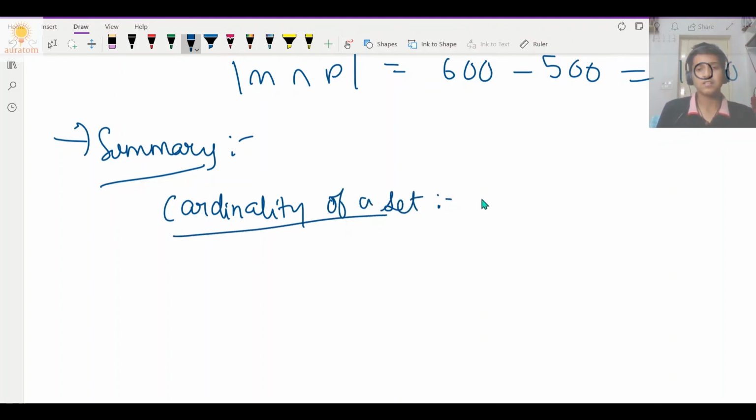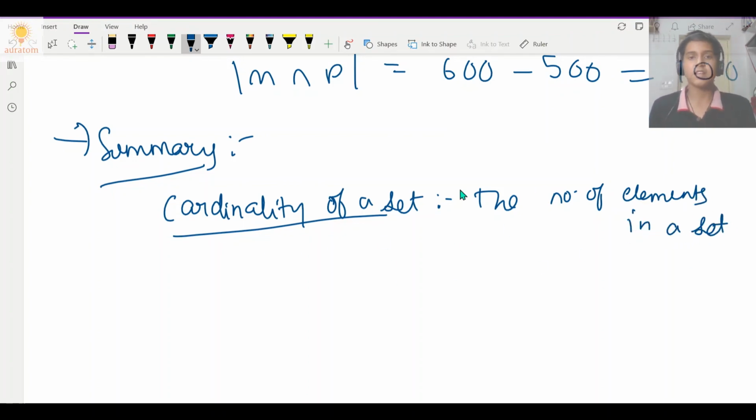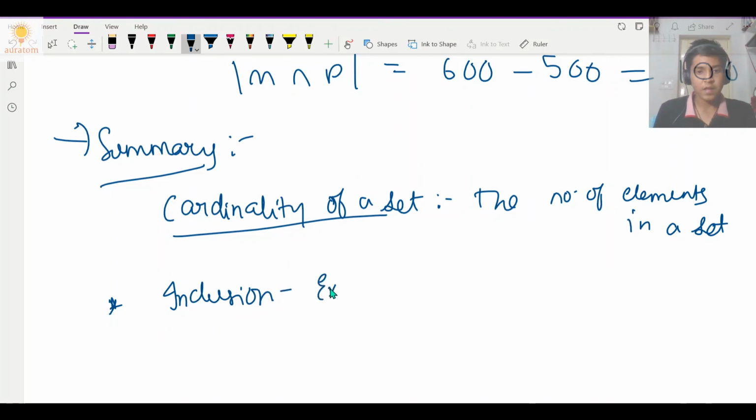It's just the number of elements in a set. This simple concept helped us learn the important concept of today's video, which is the inclusion exclusion principle, right?